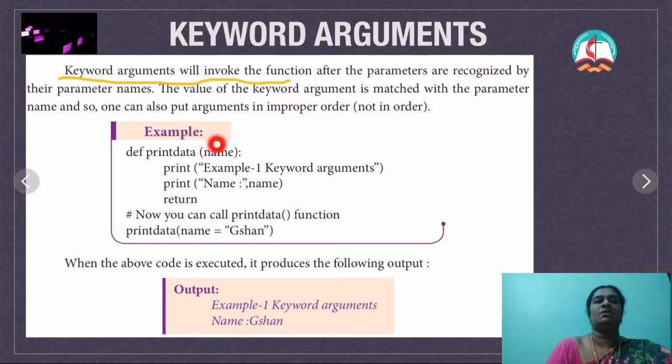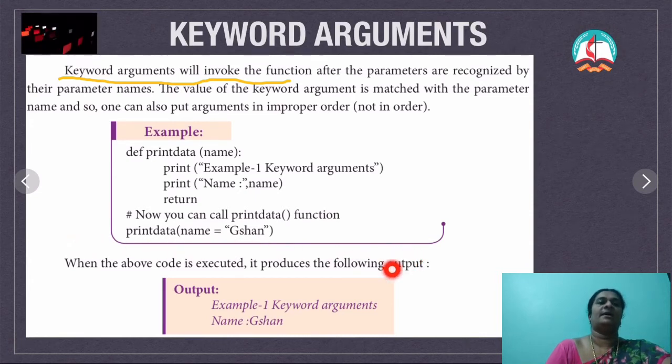They are not in order, but if they are matched, they will just go further with the keyword arguments. Def is the syntax. Print data. This can be changed. And then name. You are printing name, example 1 keyword argument. Print name, and then return. Here print data. Now you can call the print data function over here.